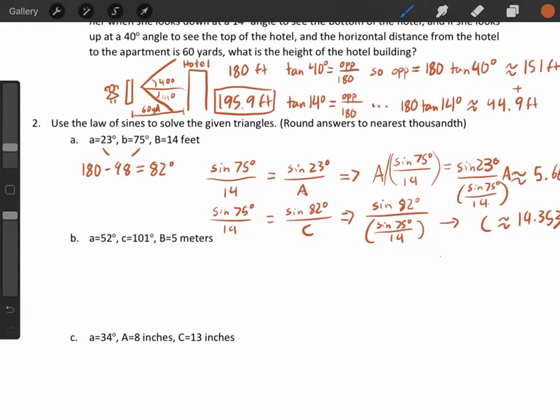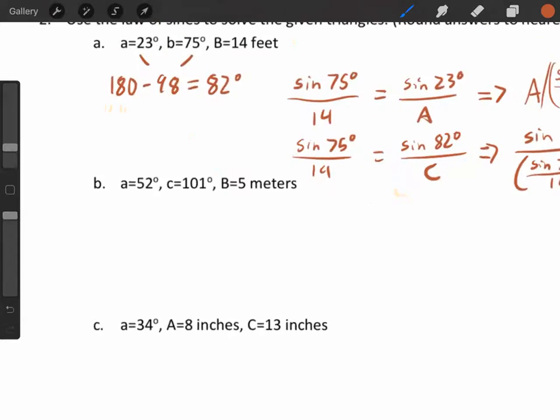relatively the same. Find this last remaining angle. So we have these two combined, which is 153. 180 minus that will give us the last remaining angle, which is 27 degrees. Use that to find a and c.